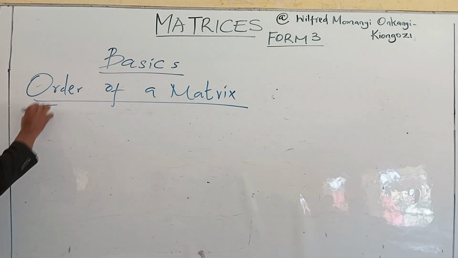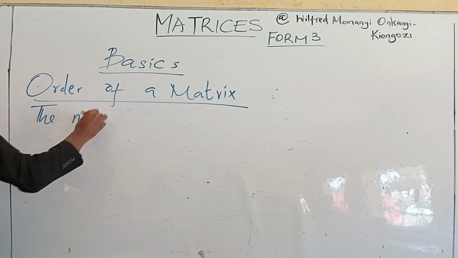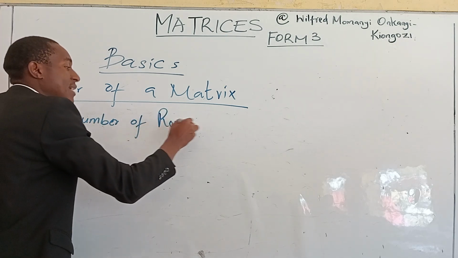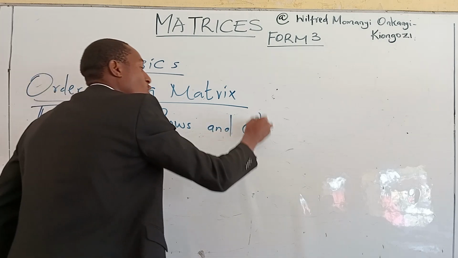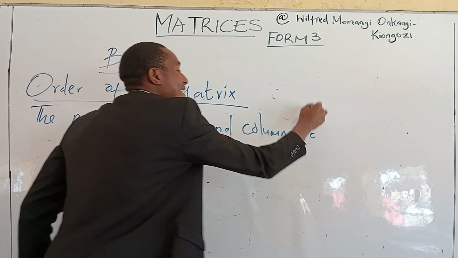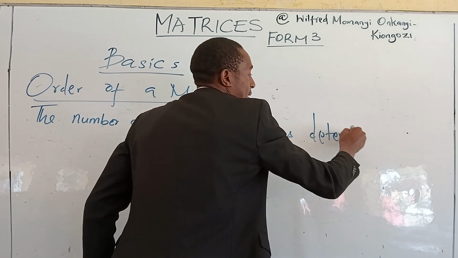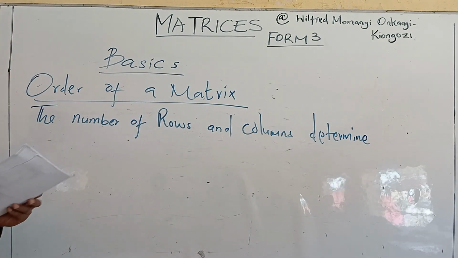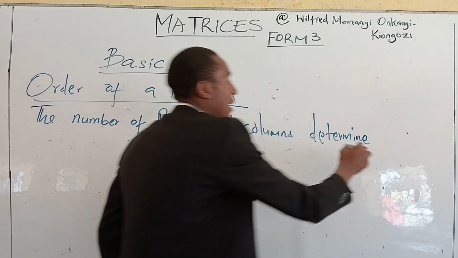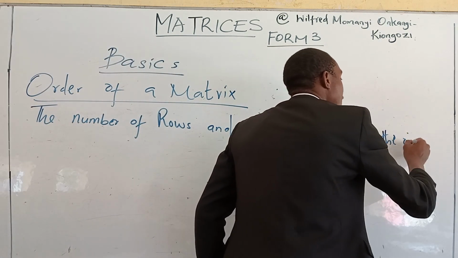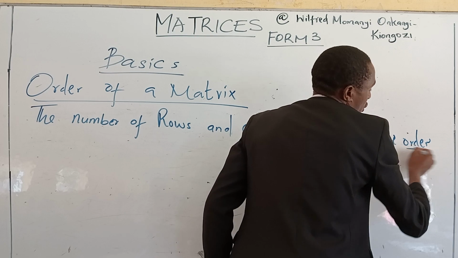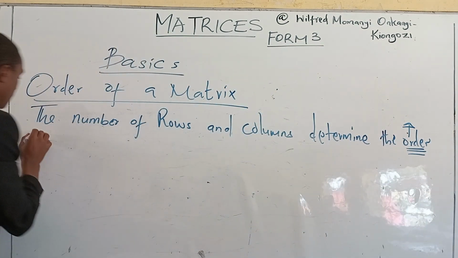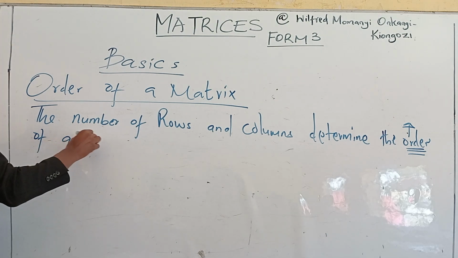The number of rows and columns determine the order of a matrix. The order can also be interpreted as the arrangement of a matrix.